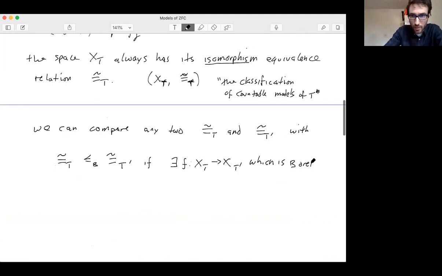So all we really care about is, I was just writing this word Borel. Yes, I guess so. I mean, it's a standard theorem.